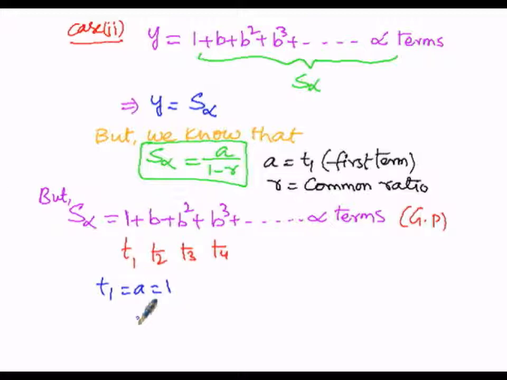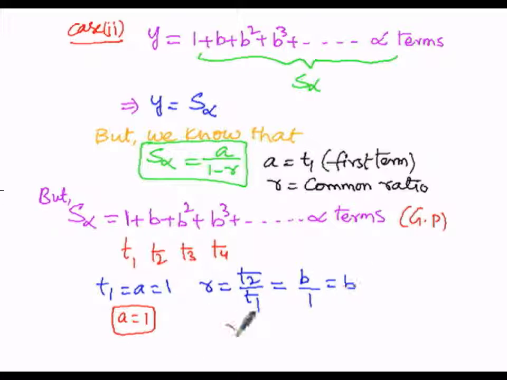So I got a value as 1. Then the common ratio r is given by the formula t2 by t1, that equals b divided by 1, which is b. So r is equal to b.